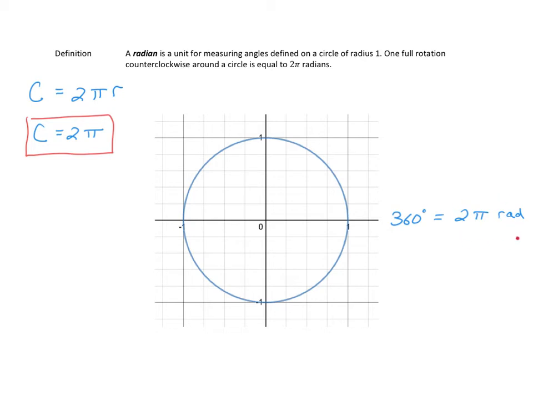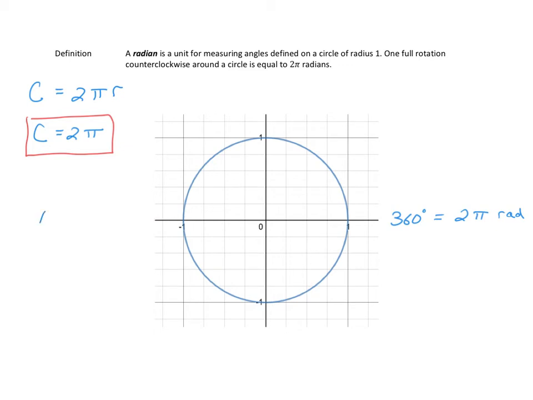So since we have this written over here, it might be nice to label, well, what is this angle measurement in radians? What would this angle measurement in radians be? And so on. So let's try to figure that out. Okay, if you start here and you do a full rotation, that's 360 degrees. Half as much would be 180 degrees. So that's over here.